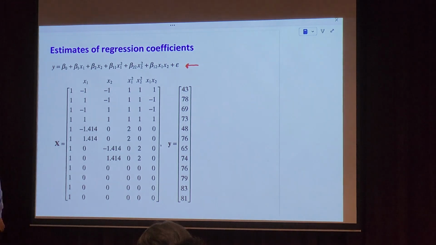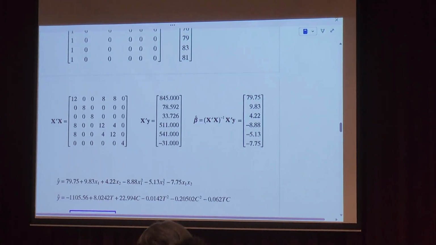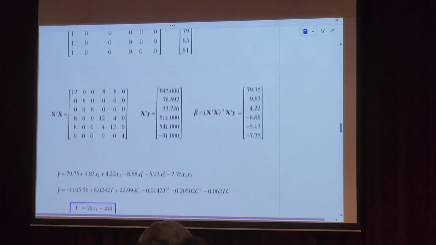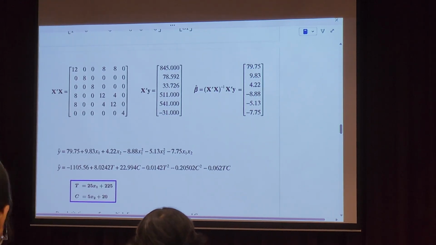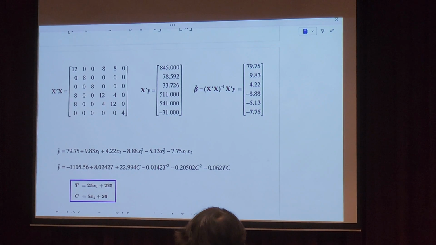So we have our x matrix, we have our y matrix. You can do least squares regression as before to get the estimated regression coefficients.